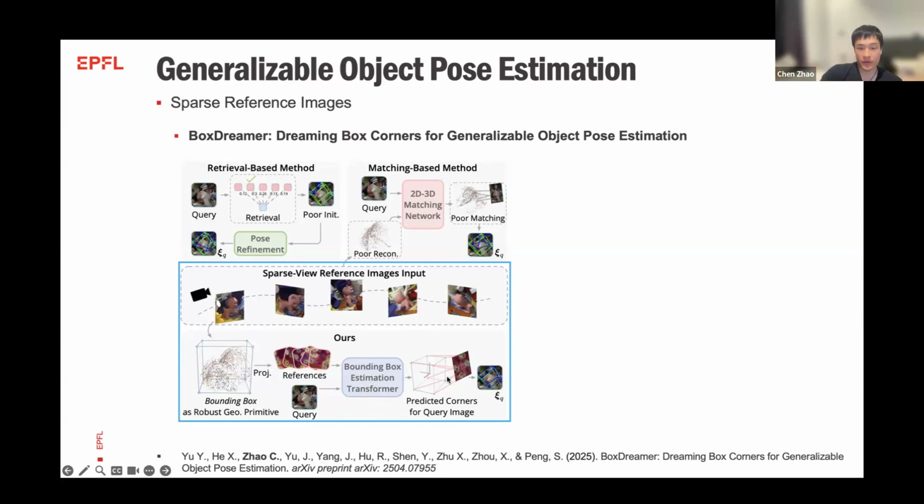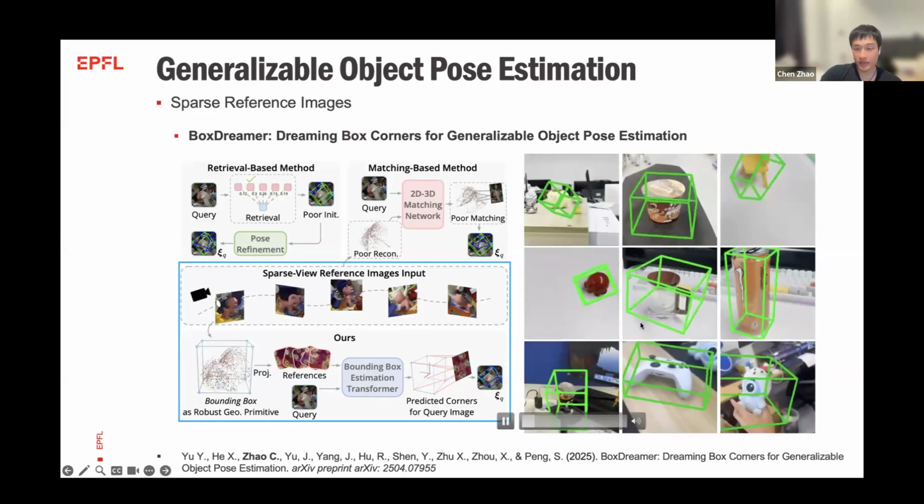The actual output we have is the 8 corners on the query image. And given the 8 2D corners on the query, and also the 8 3D corners, we can run a PnP algorithm that gives us the object pose for this query image.